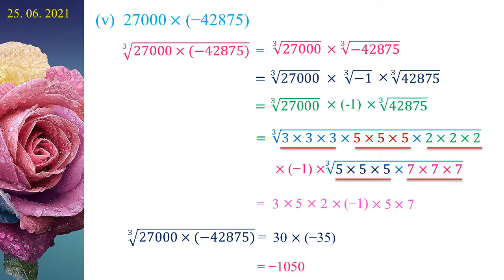Multiplying it together, we get minus 1050. So the cube root of 27,000 into minus 42,875 is minus 1050.